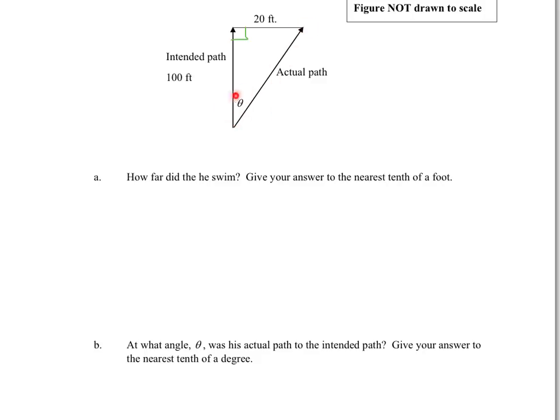So we have this unknown angle. We have the length that he should have swam, how far he landed downstream. We know that this is a right triangle, so we can use Pythagorean's theorem to solve this problem. A squared plus b squared equals c squared.